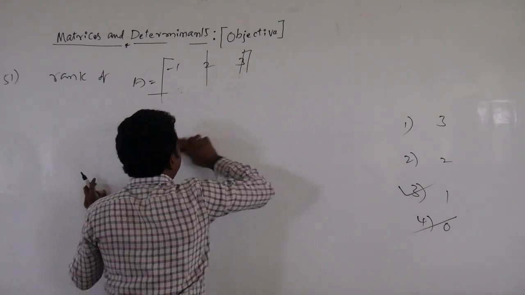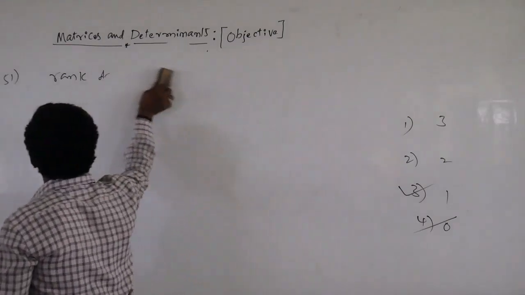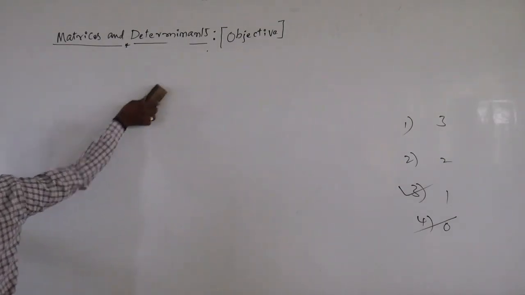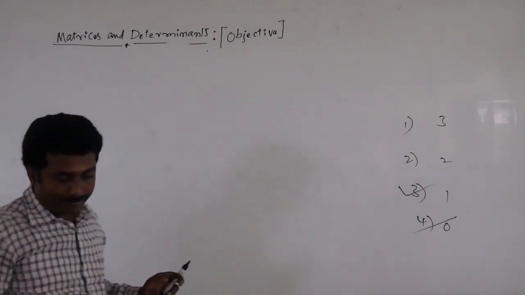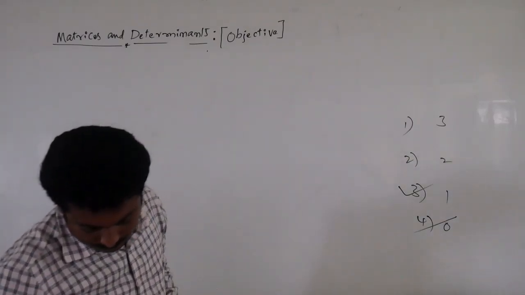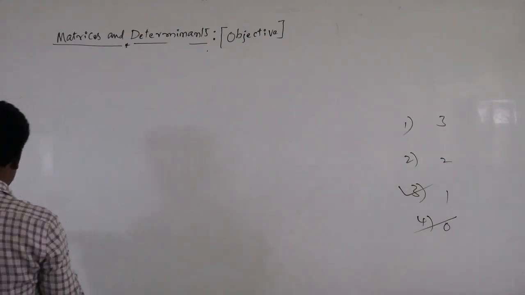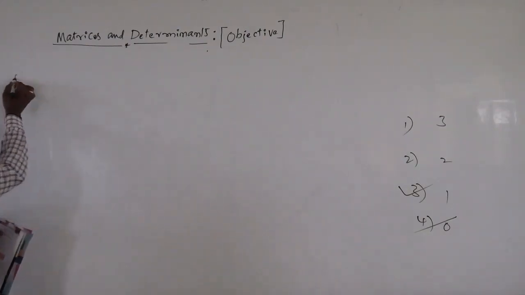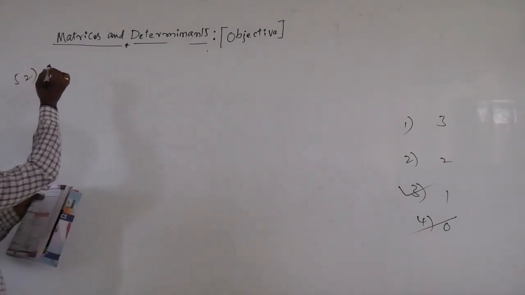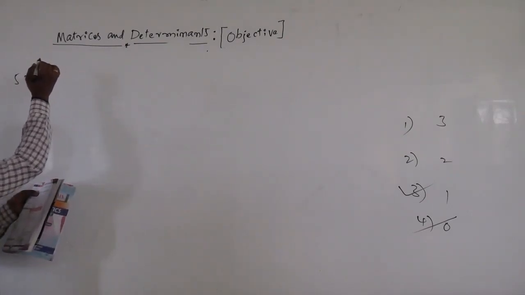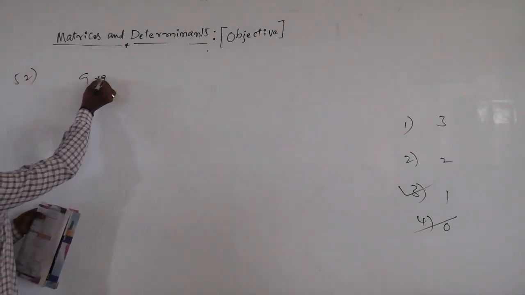Next question. Fifty-two. I is a unit matrix of order 9 by 9.